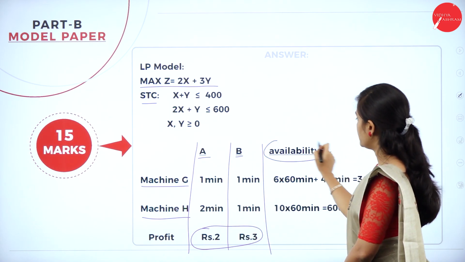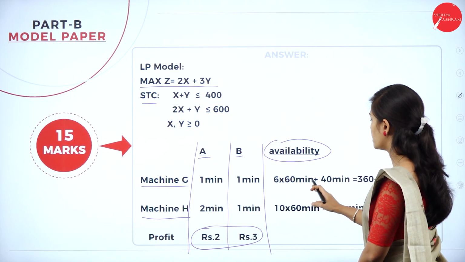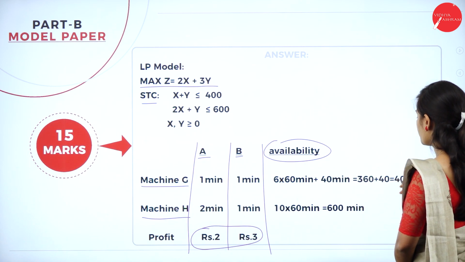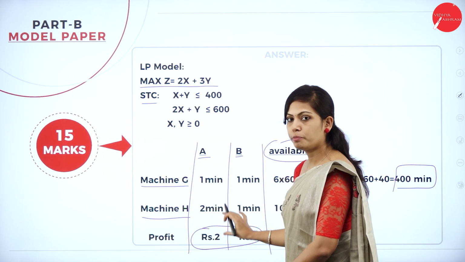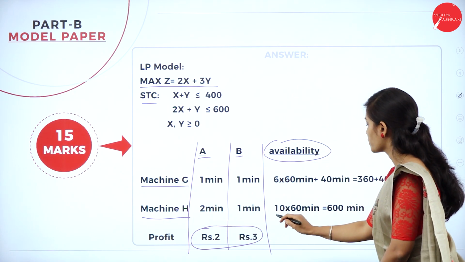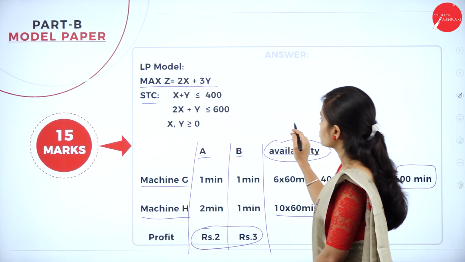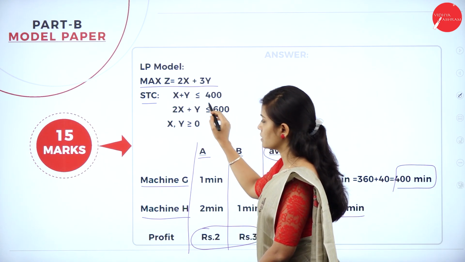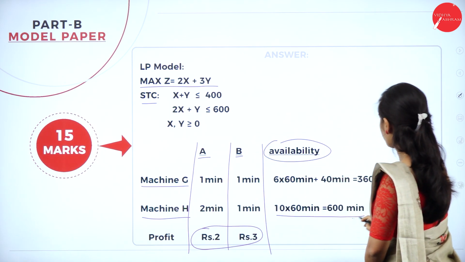And availability, they have given in the form of hours. 6 into 60 minutes plus 40 minutes is equal to 400 minutes. These processing times are in minutes, so convert this into minutes also. 10 into 60 minutes is 600 minutes. So now the availability: less than or equal to 400, less than or equal to 600.